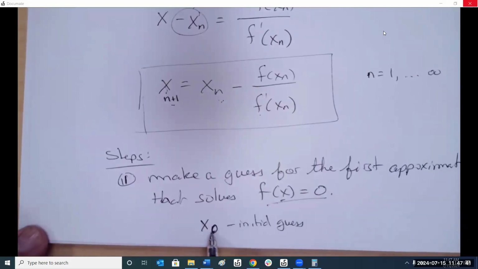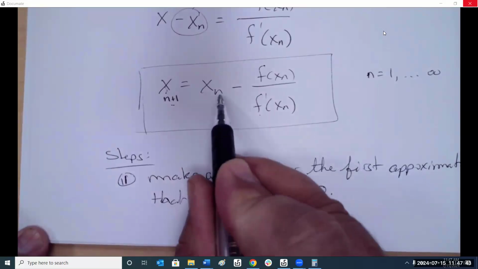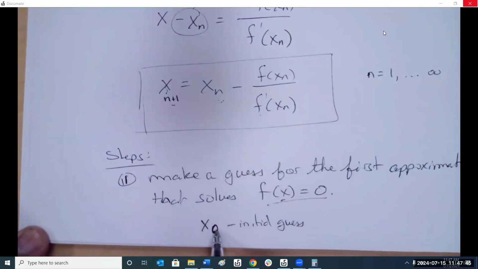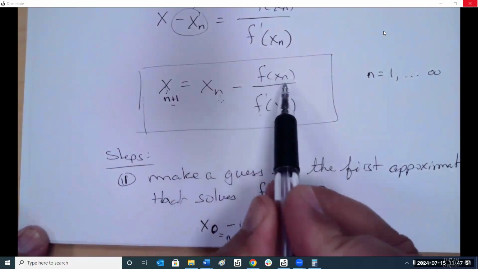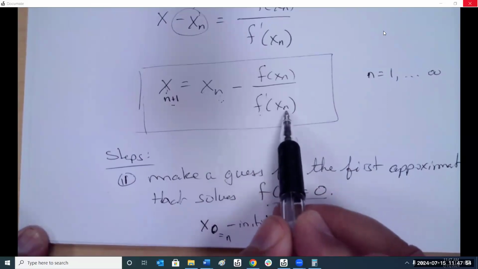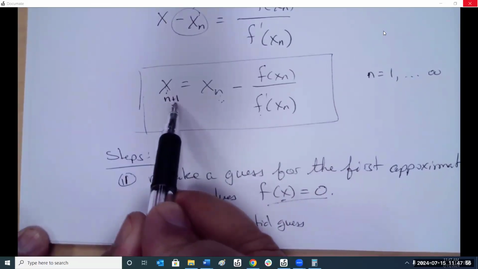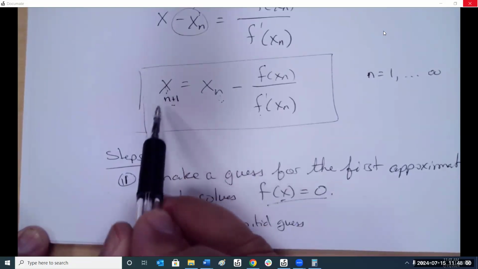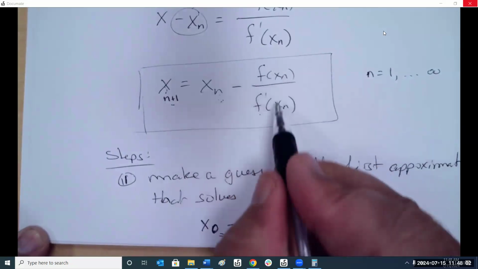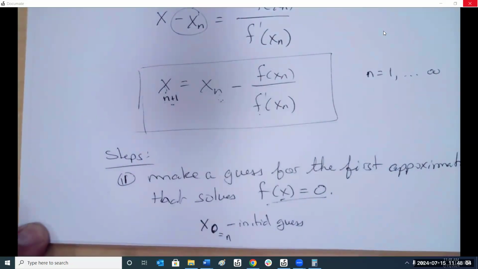So let's look at what happens. If this is x sub 0, then n is 0. We have x sub 0 minus f of x sub 0 over f prime of x sub 0 equals what? n plus 1 is 0 plus 1, so once we plug in 0 here, this will give us x sub 1.